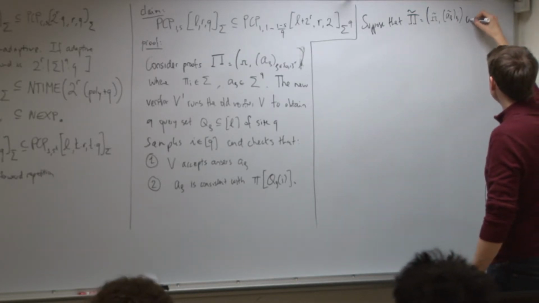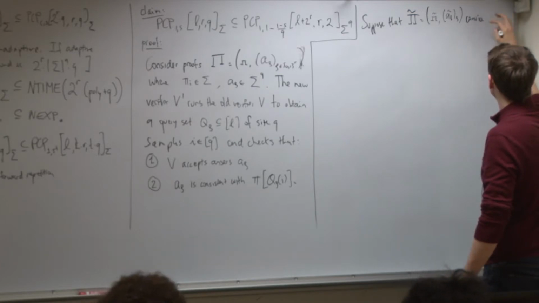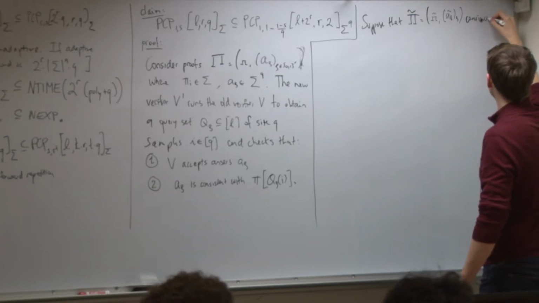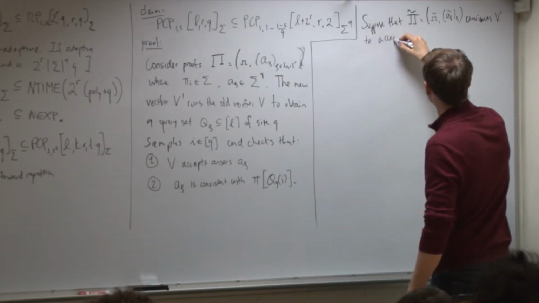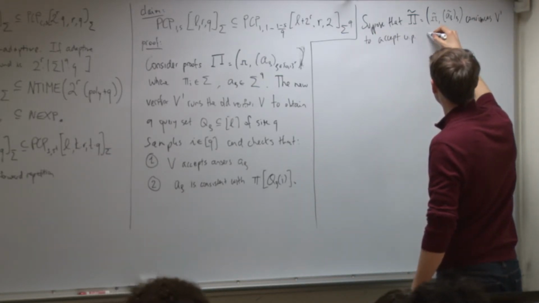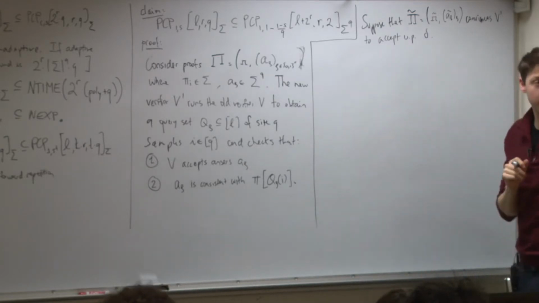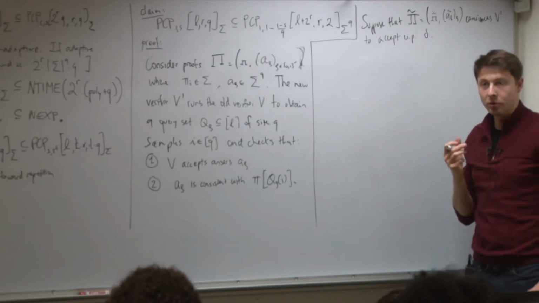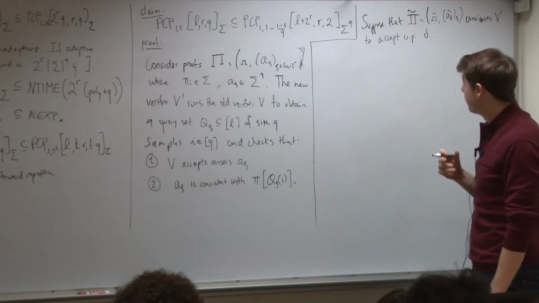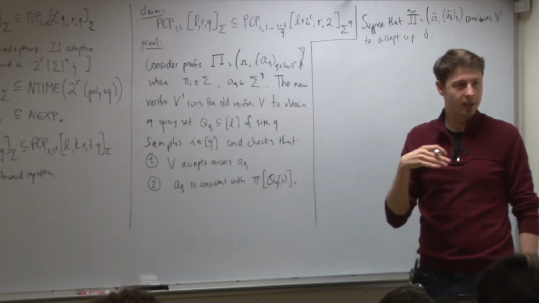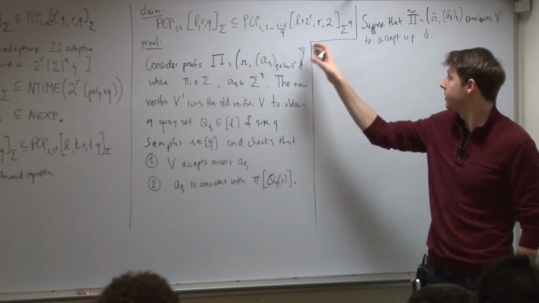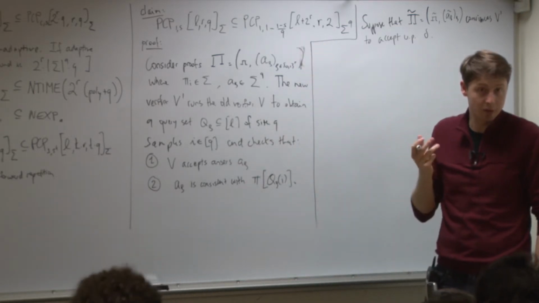And suppose that this thing convinces v prime to accept with probability, say, delta. What we want to do is construct a proof that will make the original verifier accept with a certain probability related to delta. That's what we want to do.